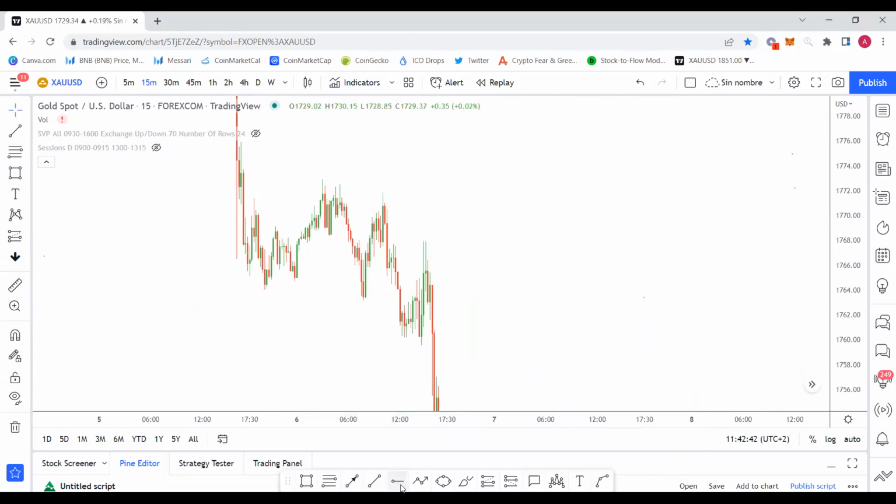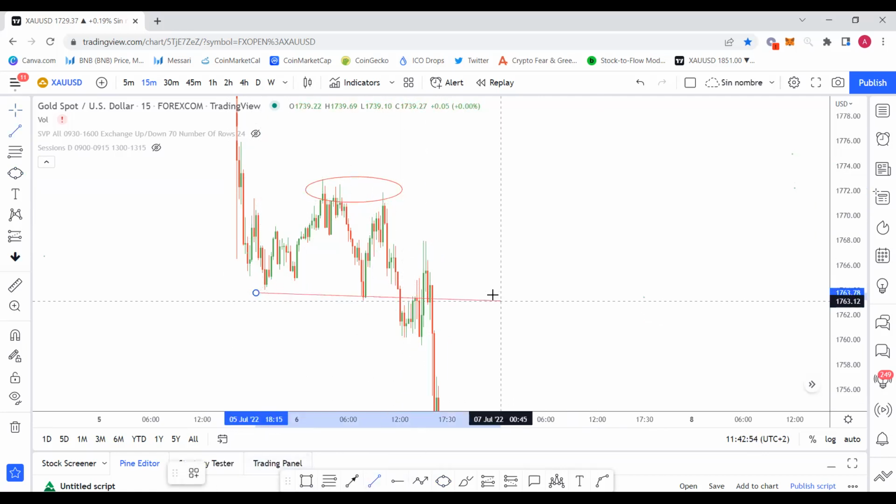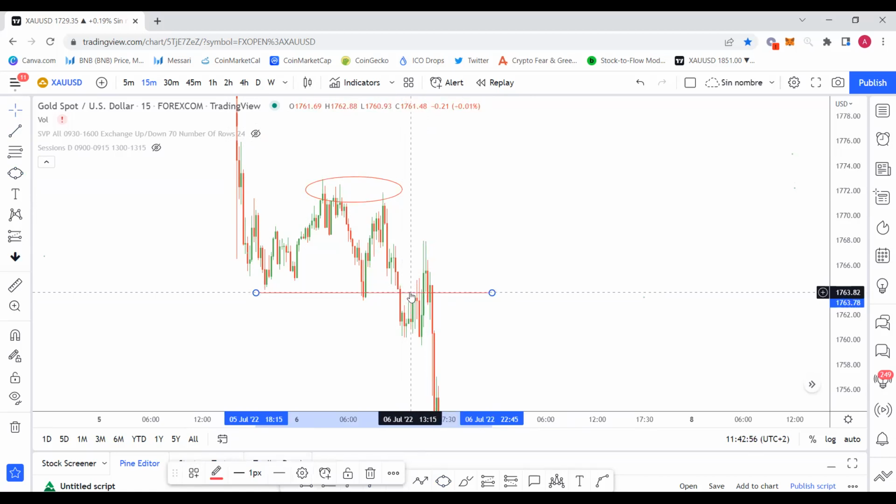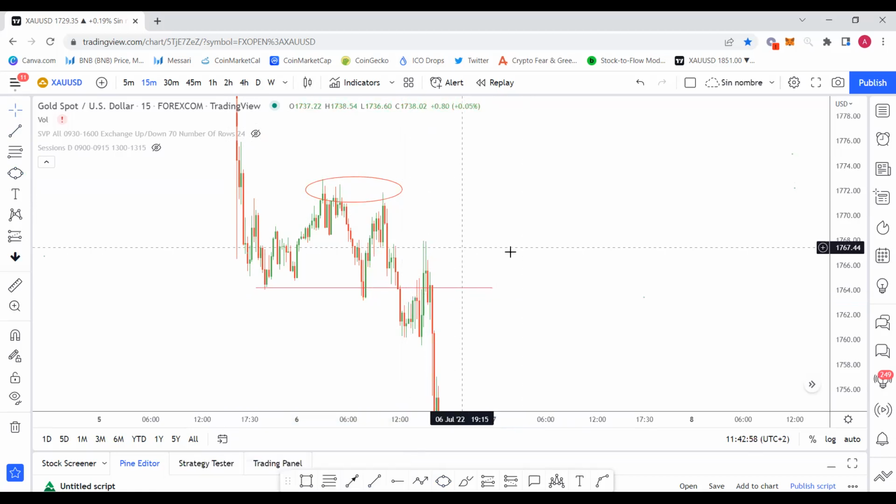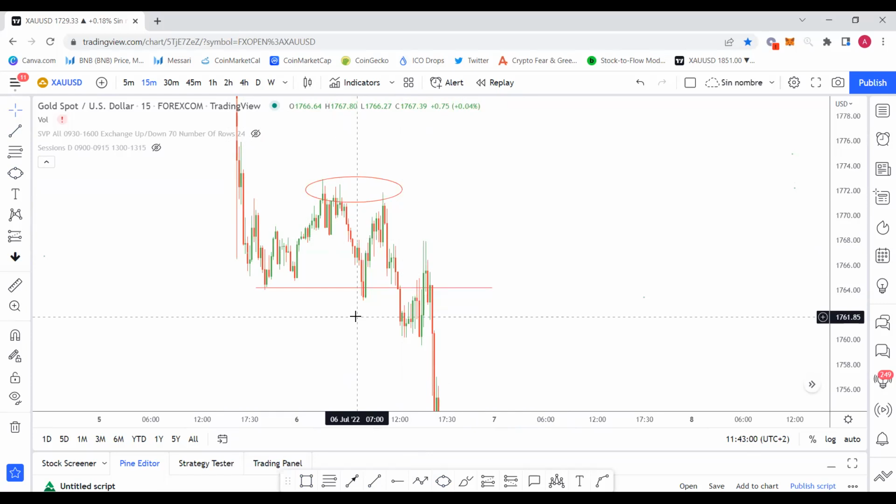Essentially, price right here formed a double top on this support before it kept on going down. Then price here has the neckline. Here price tried to break it, but I wouldn't count it as a break. Then price went back up, formed the double top, then broke the neckline.